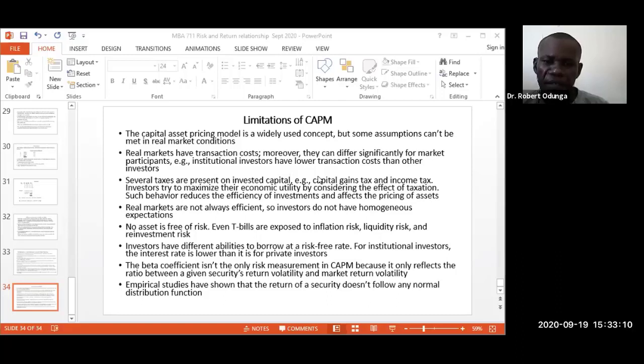Several taxes are present on investment capital, e.g. capital gains tax, and they affect the economic utility and the efficiency of investments, and affect the pricing of assets. You know, tax is an element that affects price directly, because once the taxes increase, the price tends to increase accordingly.